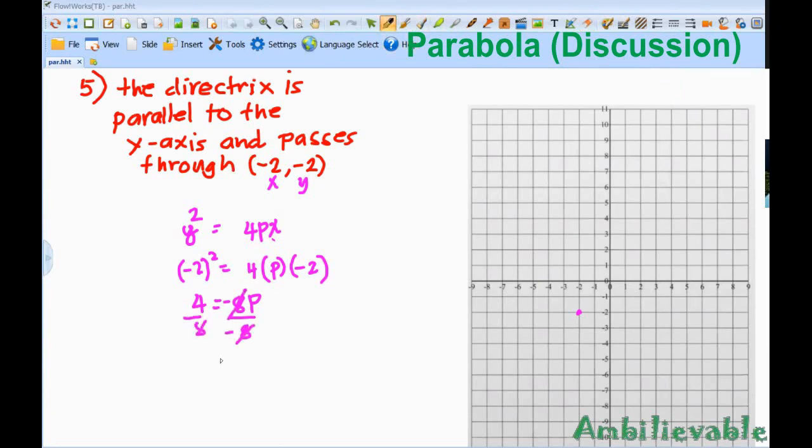So our p is negative half. So therefore, our focus is at negative half, 0. So where is that? Negative half, 0 is here. Correct?